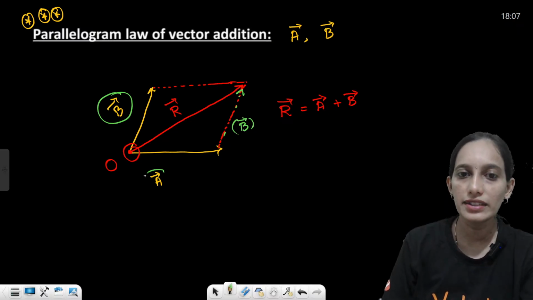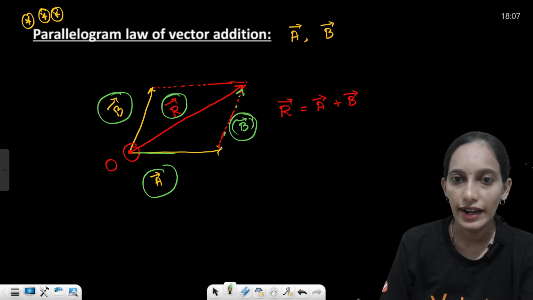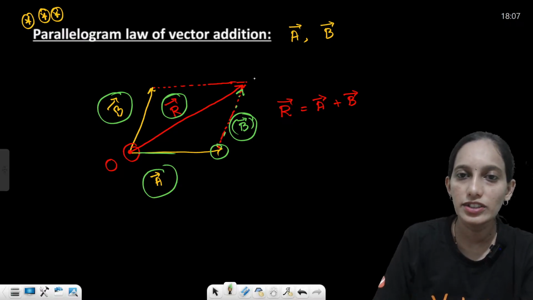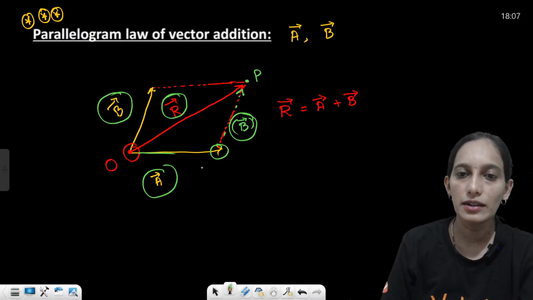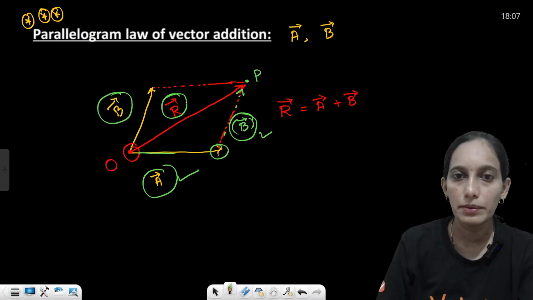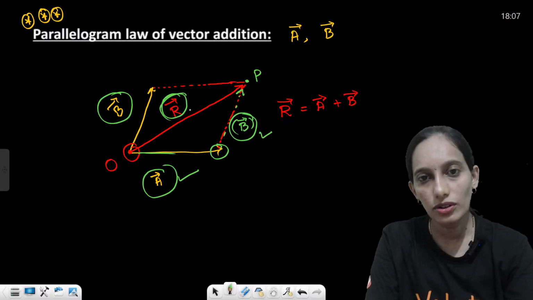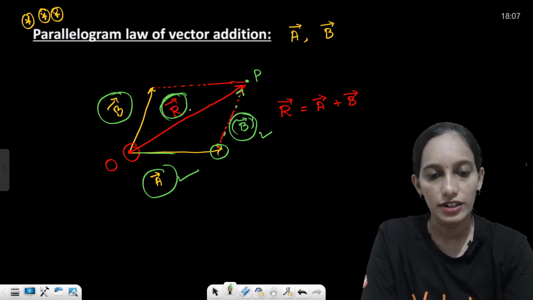And now I can say A vector plus B vector is giving me R vector, because A vector's head is coinciding on the tail of the B vector, and I can see a triangle here. Let me just mark this point as something like P. Okay. So what has happened here, if we observe this triangle, I can still say A plus B is equals to R vector. Okay. So it is nothing but the other form of your triangle law of vector addition.